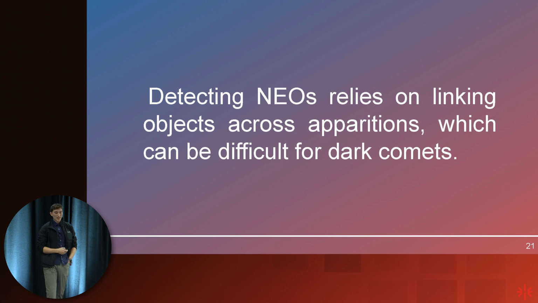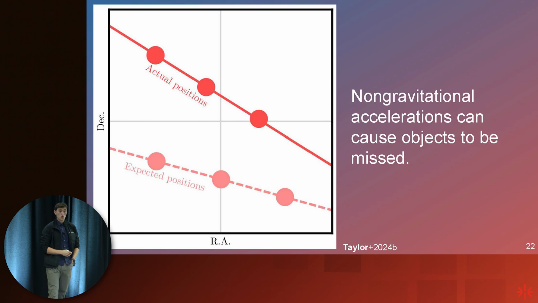But you need to see an object and then see it again 10 years later and know that it's the same object. If your non-gravitational accelerations are very large, then you will move quite a bit on the sky. If you say, okay, I expect to see an asteroid here, and I saw an asteroid here, you're not necessarily going to say these are definitely the same object.